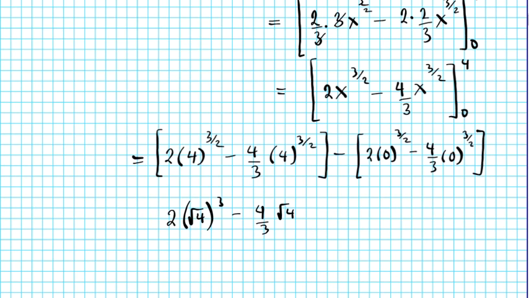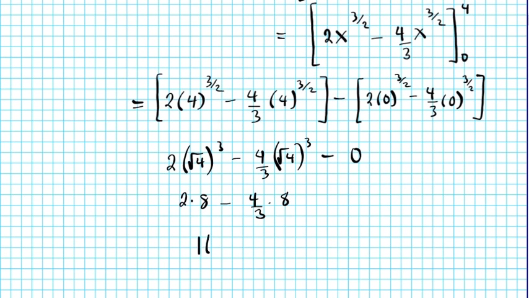If you raise 0 to any power, it's always going to be 0, so this entire thing here is just going to be 0. So the square root of 4 raised to the third power is what? Square root of 4 is 2. If you raise it to the third power, that's 8. So it's 2 times 8 minus 4/3 times 8. And then you have 16 minus 32 over 3.